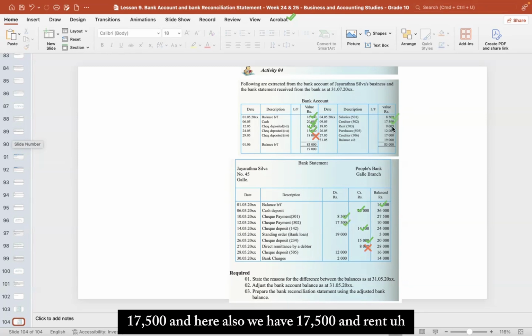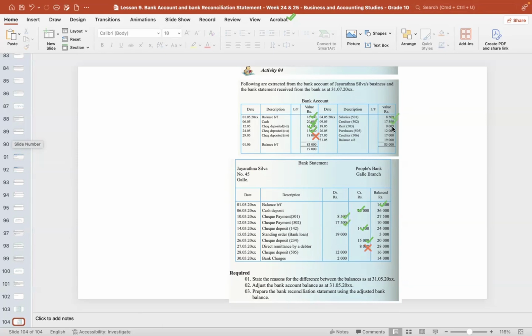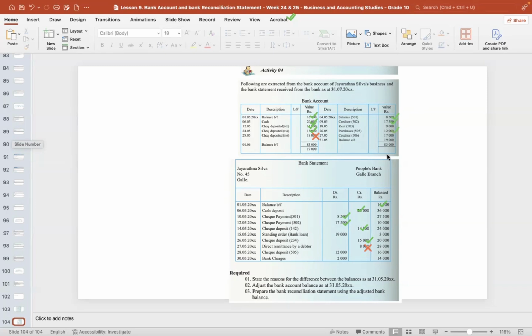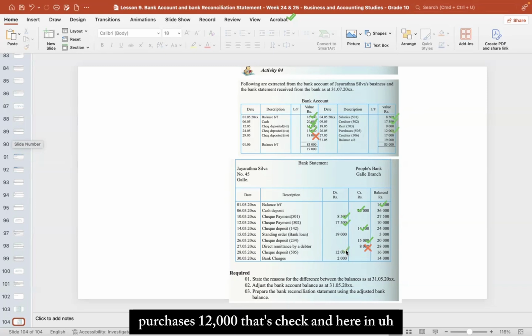And rent, there is a 9,000 payment in the bank account, but they have issued a cheque. It's here, but it's not here. Then purchases 12,000 is there. Purchases 12,000, that's checked. And here in the bank statement there is a standing order. That is not being recorded here, I think.